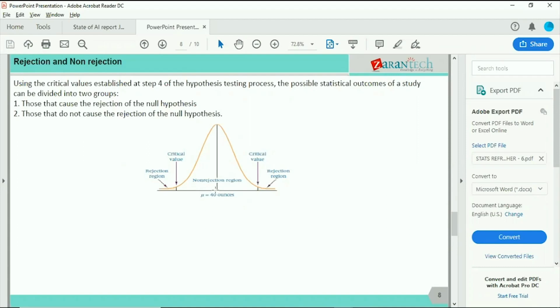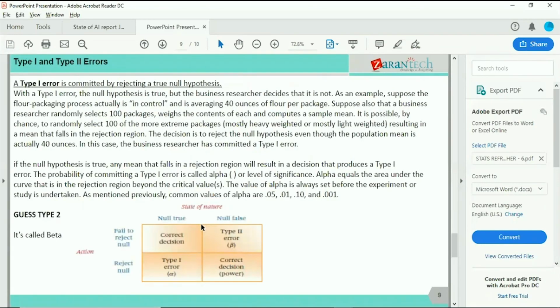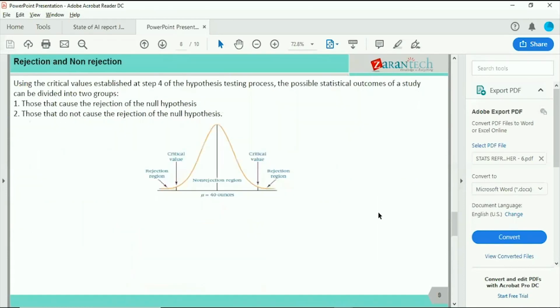This diagram also shows the 40 ounces, which is the packaging problem that we are looking at, the flour packaging problem. 40 ounces is the mean. If anybody has any doubt, please ask before I go ahead.